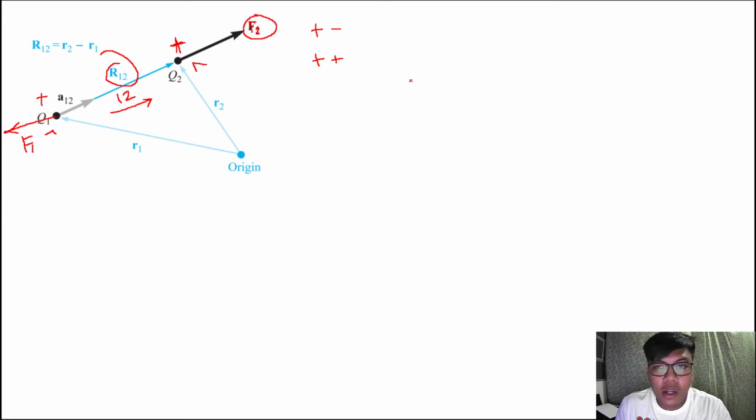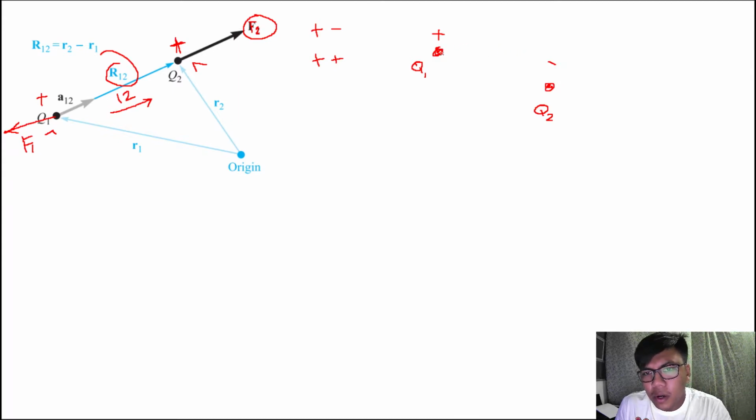Paano naman ngayon kung ganito ang scenario natin? Halimbawa, dalawang charge ulit. So, we have a positive and a negative charge. Okay? So, paano ngayon ang mangyayari? So, ito si Q1 and si Q2. Okay, tandaan natin. Equal lang yung charge. Magkaiba lang ng direction. Okay?